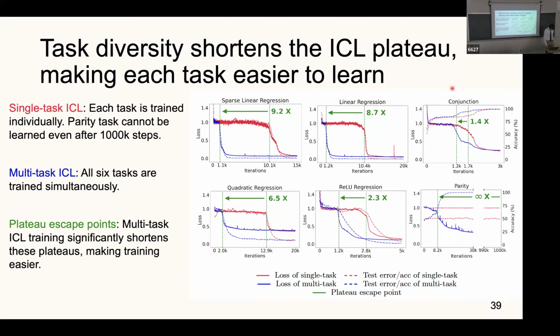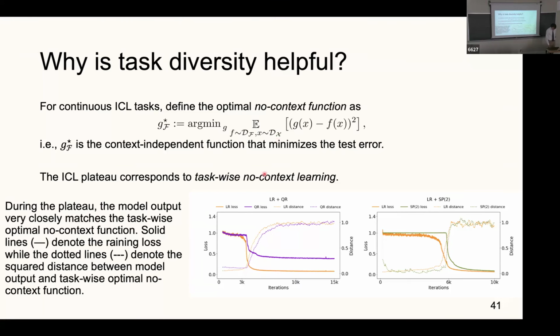The plateau is actually different from knowing nothing. Knowing nothing means you randomly initialize a network and make some random prediction. But this loss is a little bit below 1, a little bit better than random guessing.